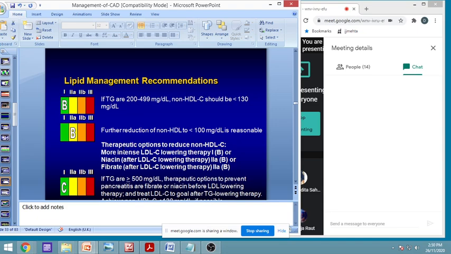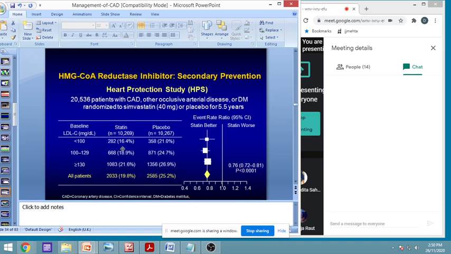And if the triglycerides are more than 500, then the options are fibrate and niacin before LDL-lowering therapy, to prevent pancreatitis. So these are various drugs which have to be studied or used. Most prominent among them are statins. We call them HMG-CoA reductase inhibitors, or statins: lovastatin, atorvastatin, fluvastatin, pravastatin. So many statins are there.